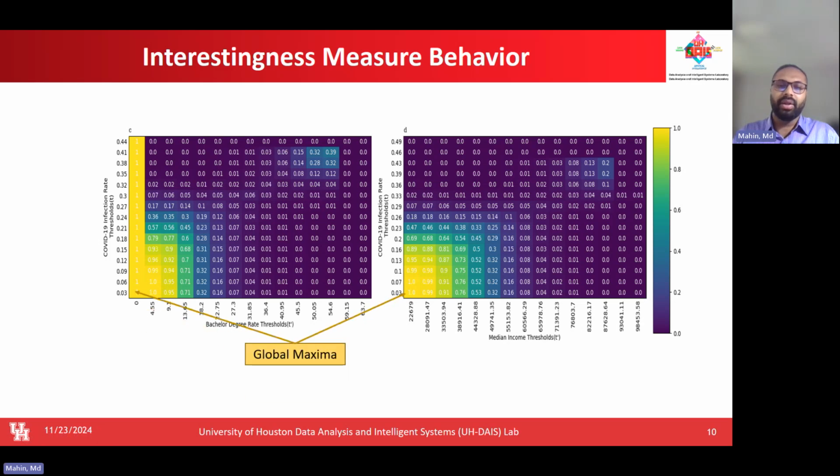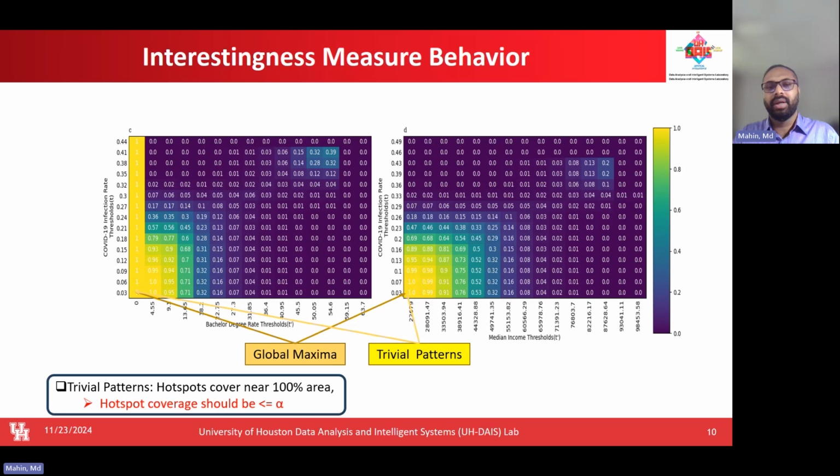What we found is that mostly in lower thresholds we find the global maximum, but sometimes they can appear as trivial patterns. What are the trivial patterns? When the thresholds are low, hotspots cover the whole observation area, and we find very high interestingness. So we restrict hotspots to cover below a certain limit.